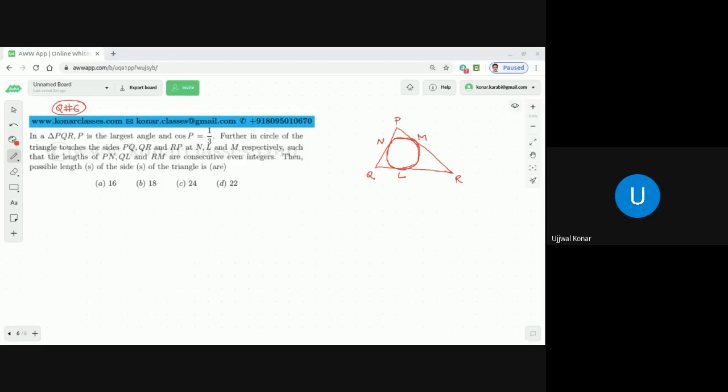So I'm going to consider that PN is equal to 2k minus 2.